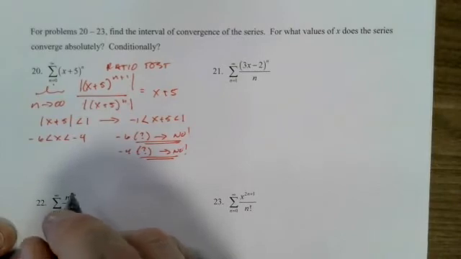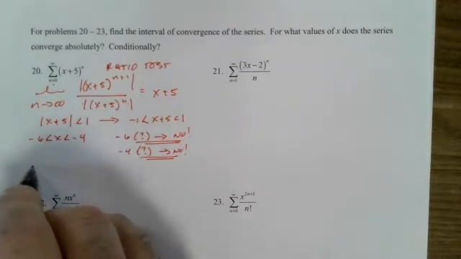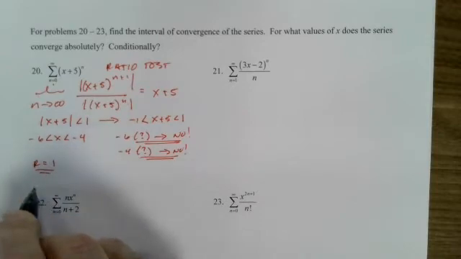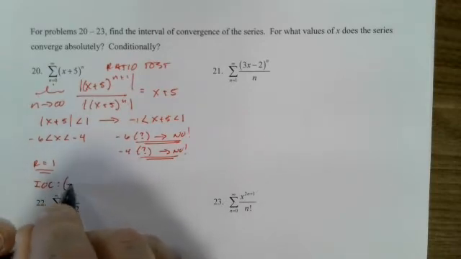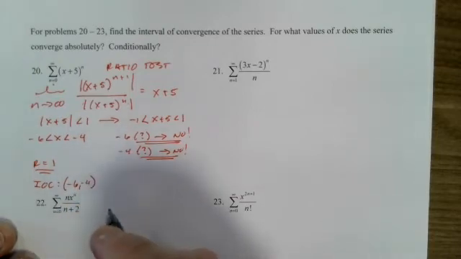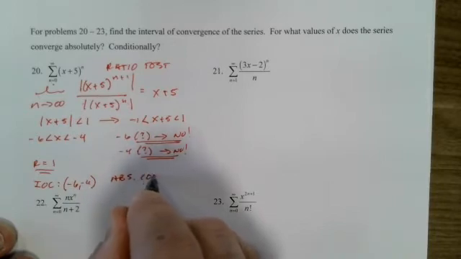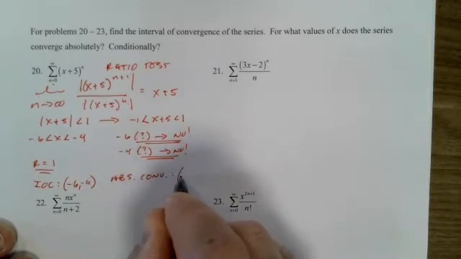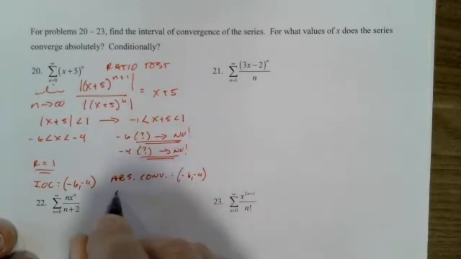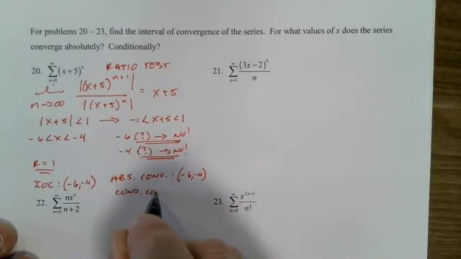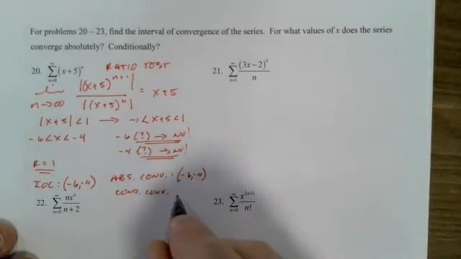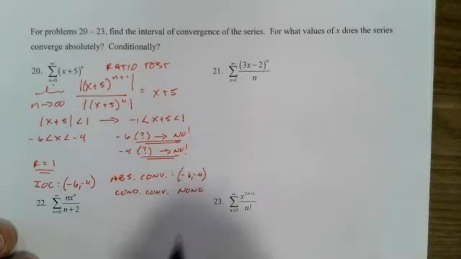We have R equals 1. IOC is -6 to -4. Absolutely convergent. -6, -4. Conditionally convergent. None. No values.